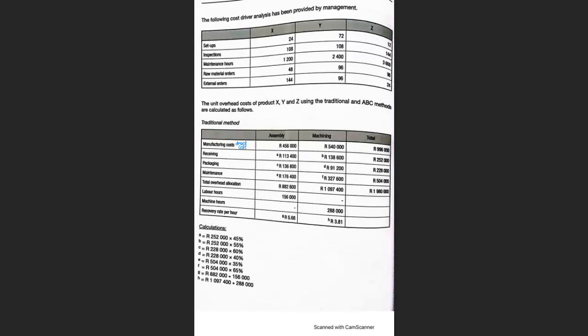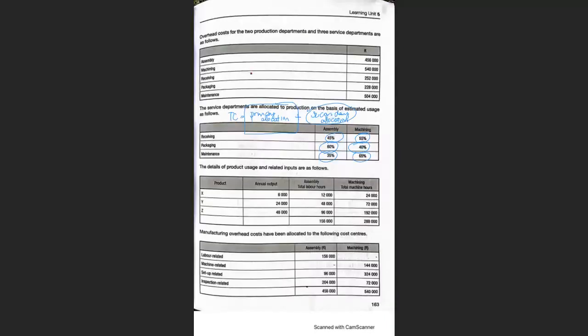So the service department's costs are allocated to the production departments. So we put in the production departments as the headings here, assembly and machining. We put in its own cost, its direct cost. This 456,000 for assembling came from the previous page here at the top.